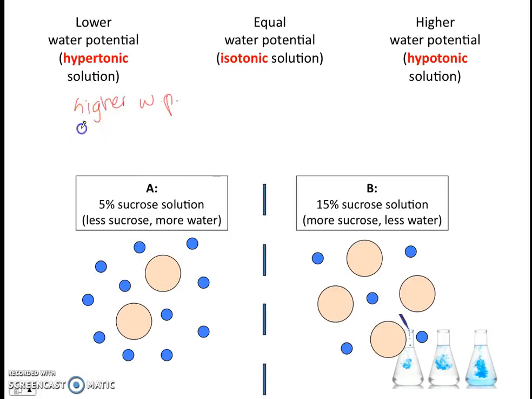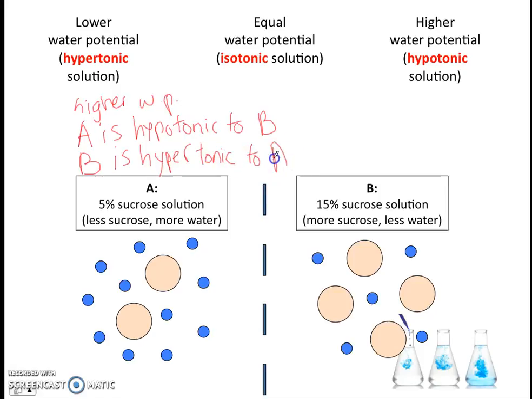So we say that A is actually hypotonic to B. A has a higher water potential than B, so we say that it is hypotonic to B. Now on the other hand, we can say that B is hypertonic to A. Alright, B has a lower water potential compared to A, so it is hypertonic to A. So that's how we use these words hypo and hypertonic.